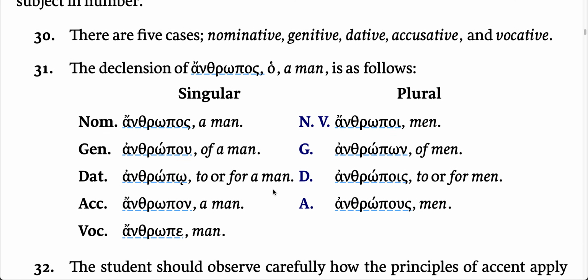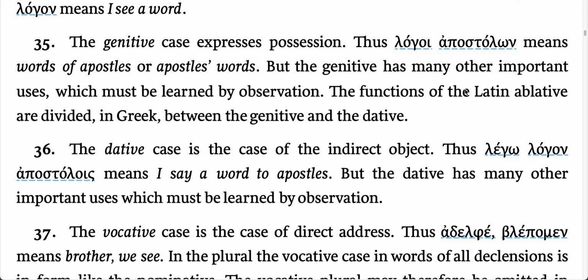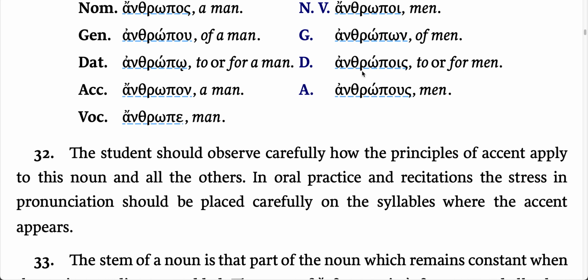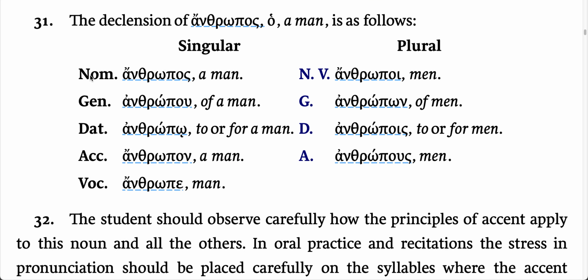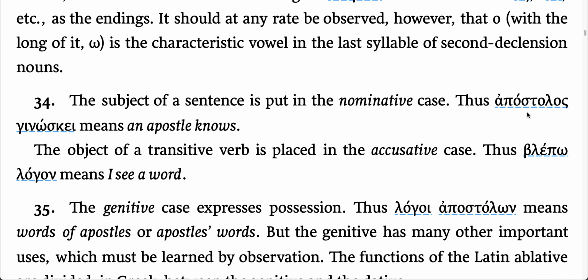Now, let's talk about these cases and what each case functions as. This is what it looks like in Greek, but it has a functionality to it. So, the nominative case is the subject of the sentence. That's how the Greeks did it. So if the word shows up here, like anthropos in the nominative, that's functioning like a subject in a sentence, the subject of the sentence. So apostolos ginoskei. So ginoskei is the verb.